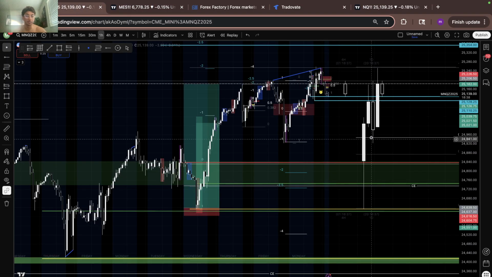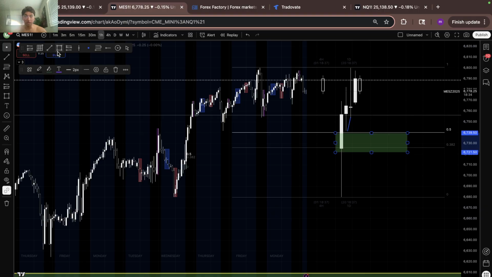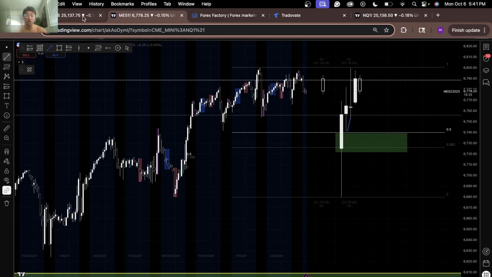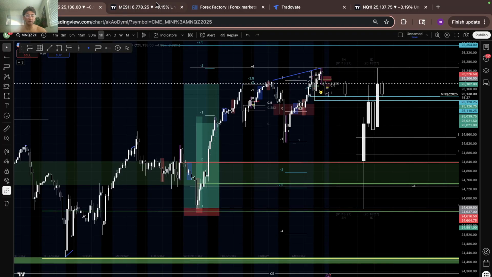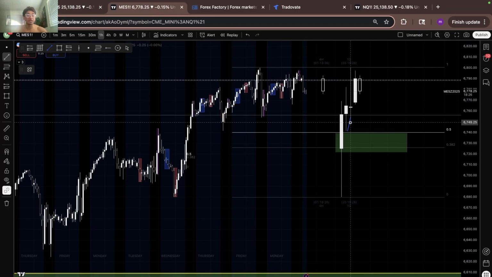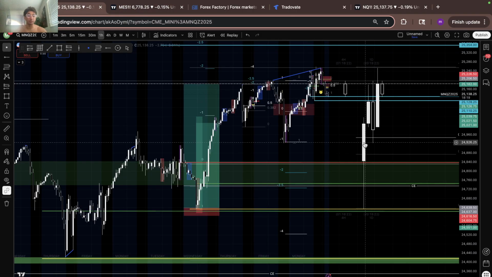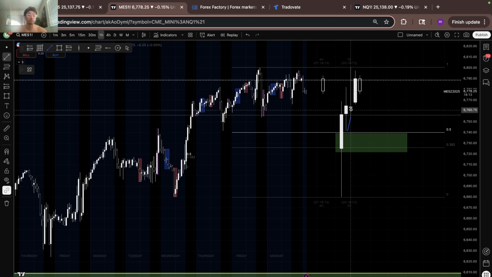You can see it came down, swept this low in this PD array. But if this Friday candle also closed bullish, while this Friday candle closes bearish, then that's a PSP SMT, because that means that ES is printing bullish off of this, while NQ manipulated and is then going to get bullish after that. What I meant was if ES printed bullish, then that's another sign.